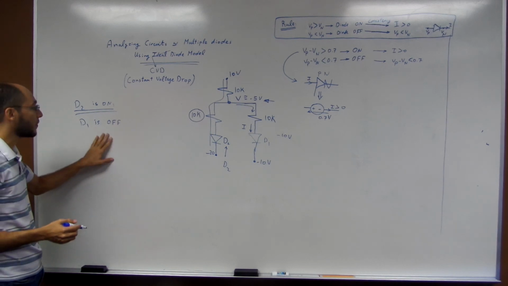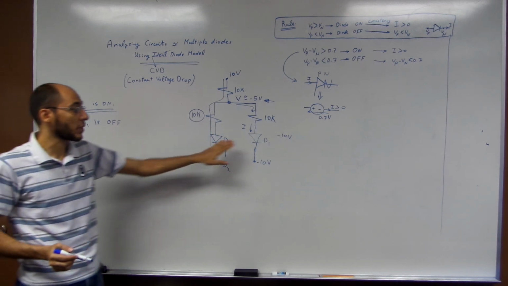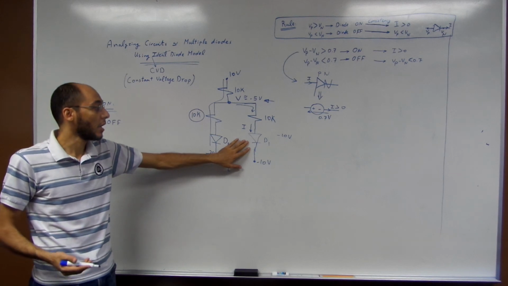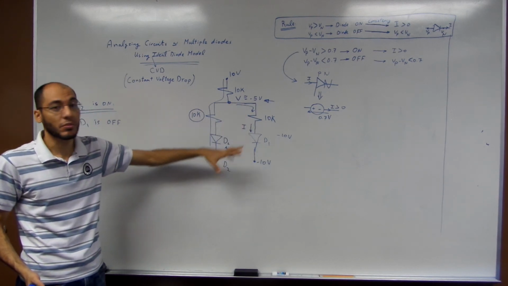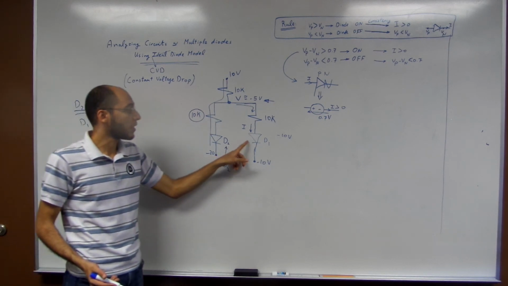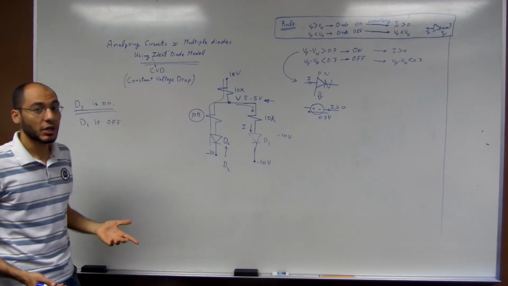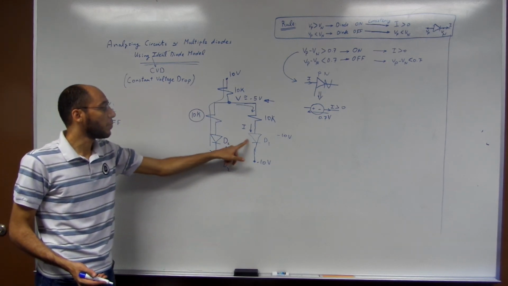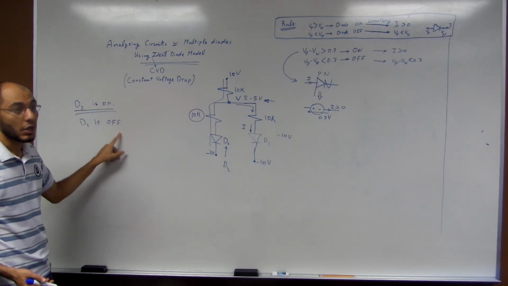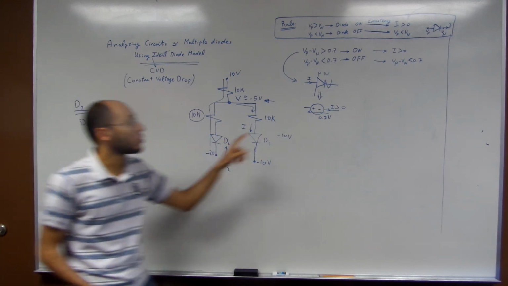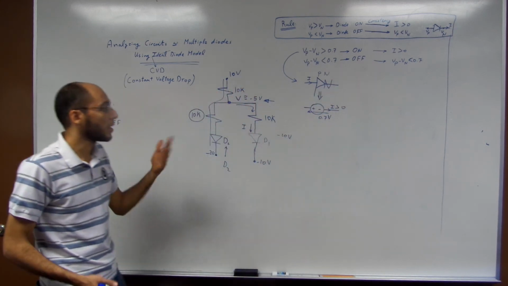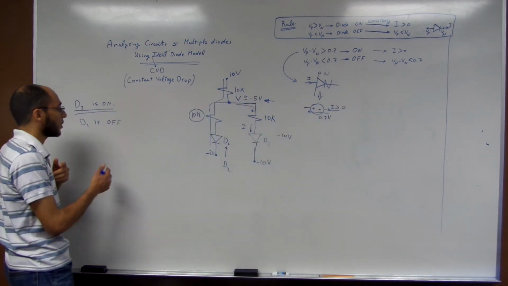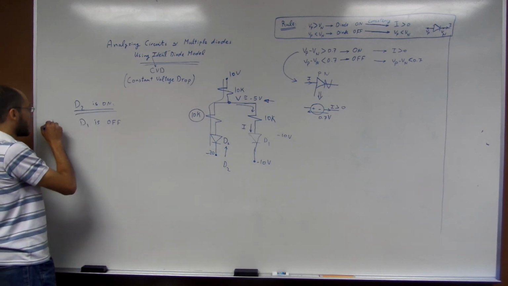I know that it is going to be on, based on doing some rough estimate calculations. But even if you were not able to do this, and by mistake you assume that it is off, you reach a contradiction and inconsistency, and thus you will be able to solve it using the on case. So let's assume that it is off.